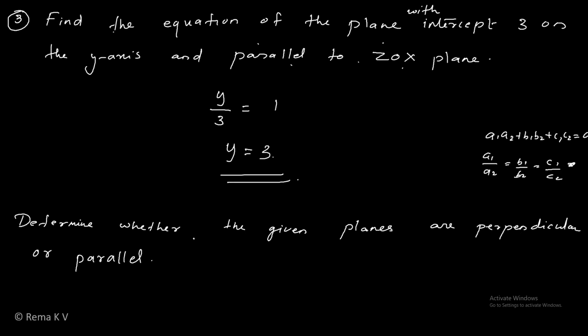The first one, 7x plus 5y plus 6z plus 30 equal to 0. And the second plane is 3x minus y minus 10z plus 4 equal to 0.